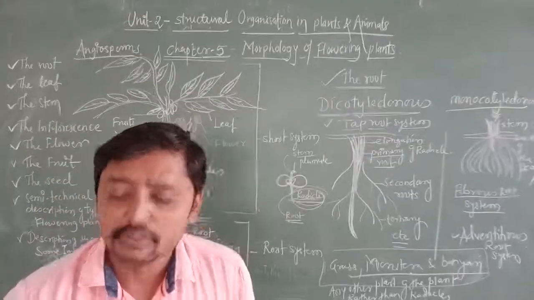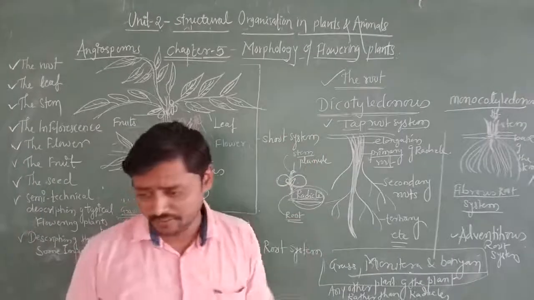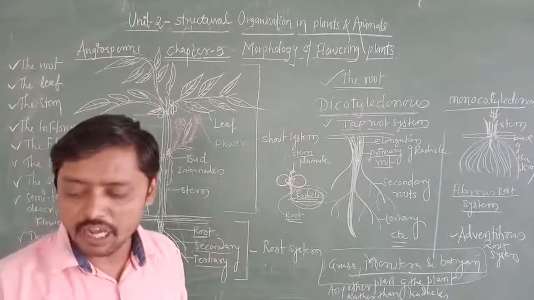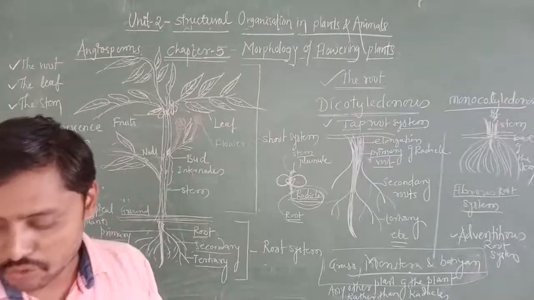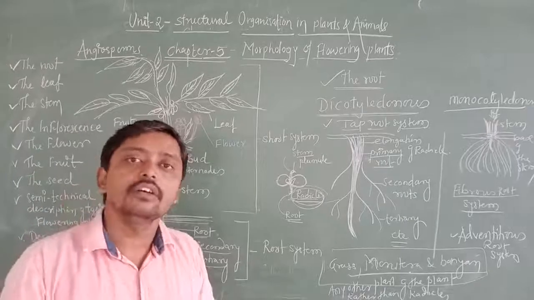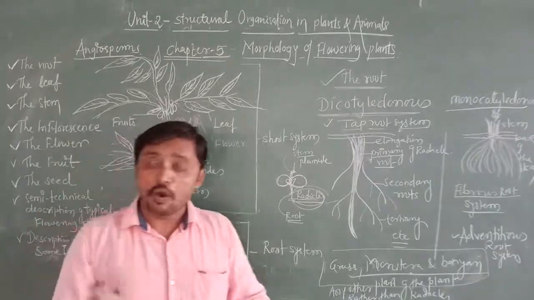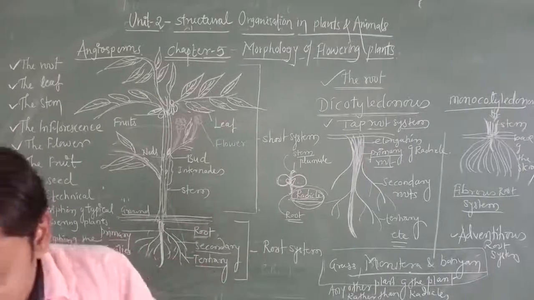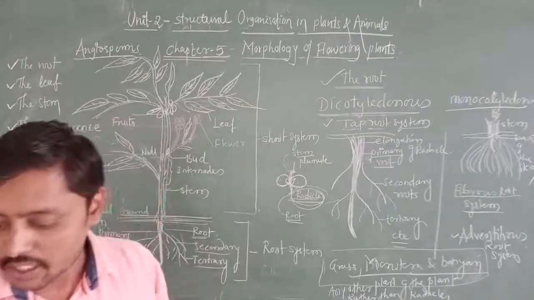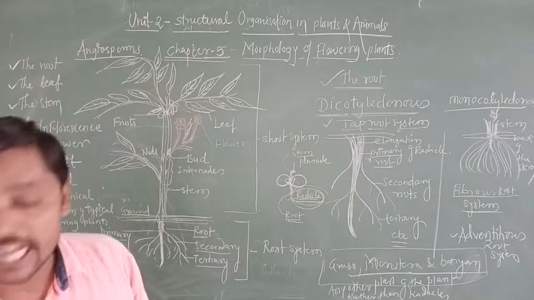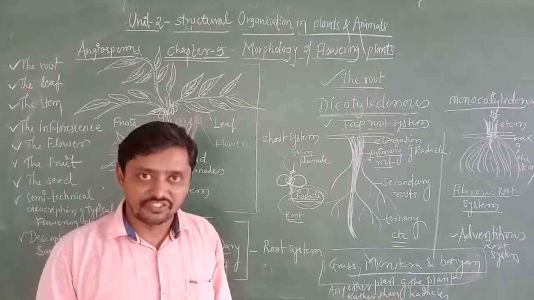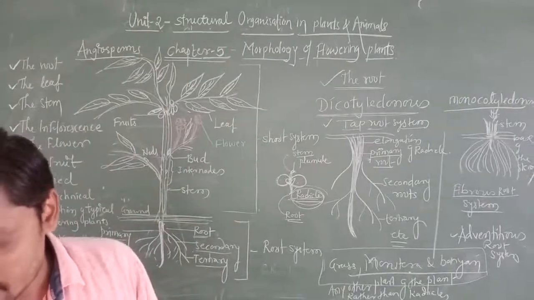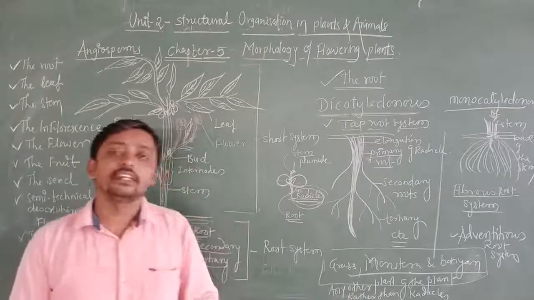And next, what is the main function of the root? The main function of the root system is to absorb water and minerals from the soil, and to give proper anchorage to the plant parts, support the reserve food material, and synthesise plant growth regulators.